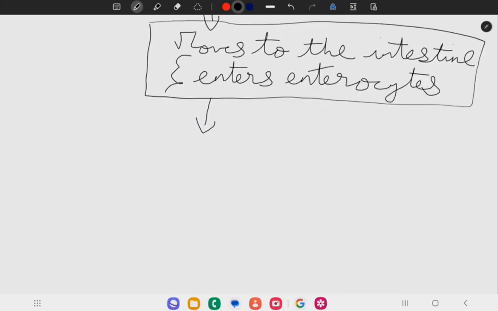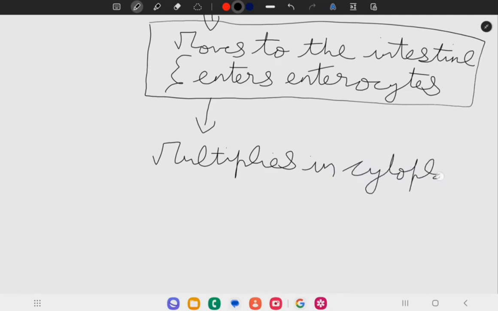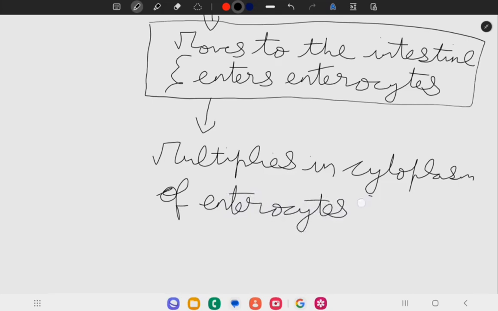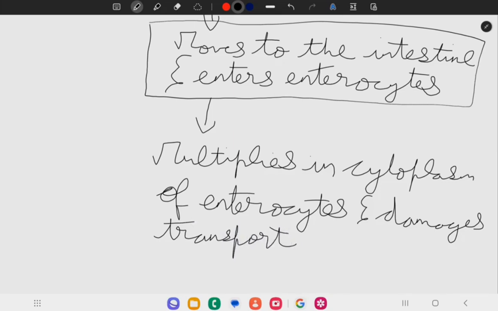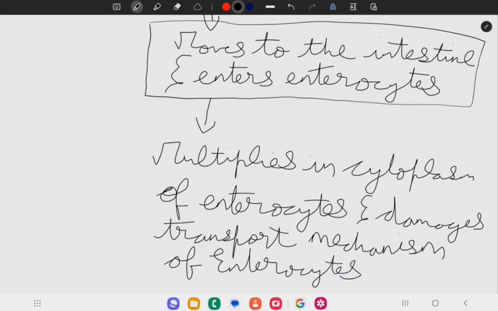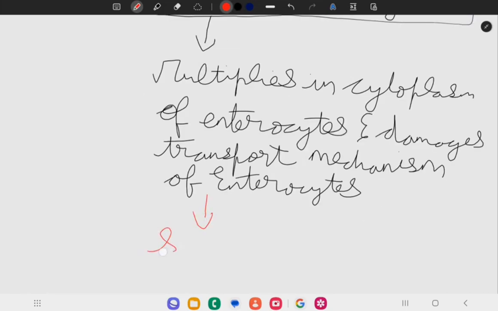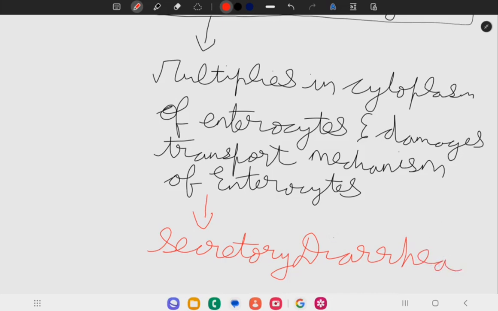Once it enters enterocytes, it multiplies in the cytoplasm of enterocytes and damages the transport mechanism in enterocytes, which results in secretory diarrhea. This is the pathogenesis of rotavirus.